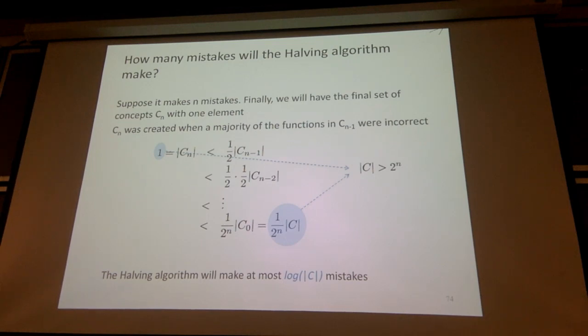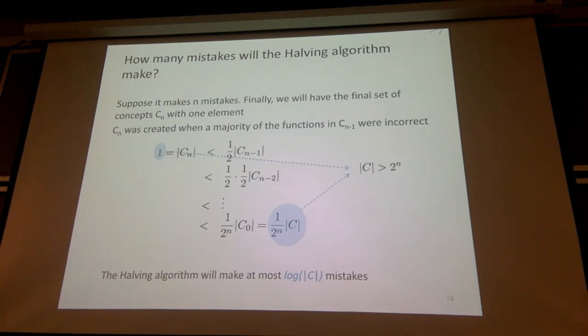If it makes a mistake in the halving algorithm, all the functions that made a mistake are thrown out. So is that one mistake? That counts as one mistake, yes. That counts as one mistake because that is basically one example.